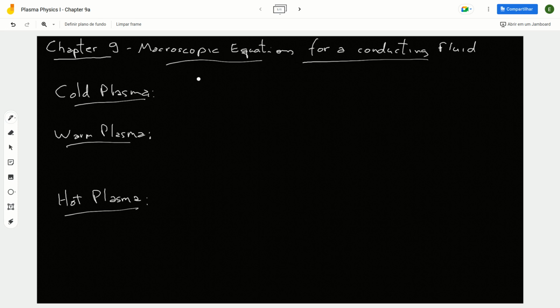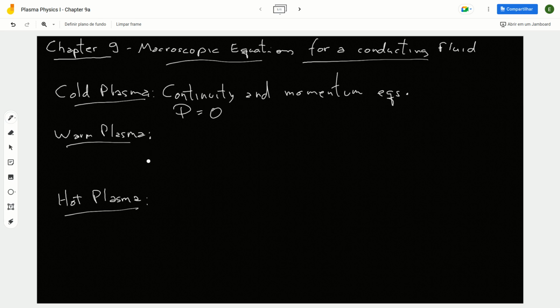So in this case of cold plasmas, you're dealing only with continuity and momentum equations. Okay, so the pressure is zero.